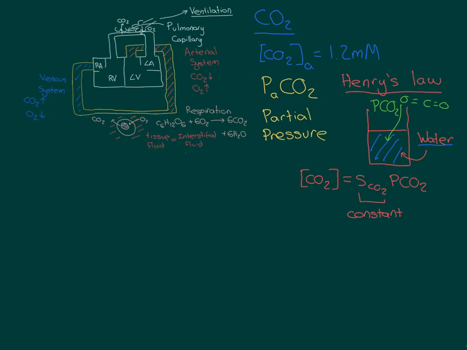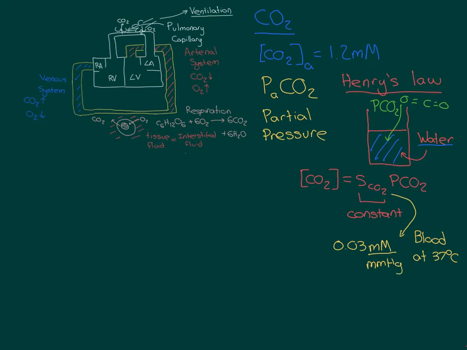Okay, now let me give you the actual solubility of carbon dioxide in the blood. So this constant has a value if we're specifically talking about blood. If we're talking about blood and we're talking about body temperature, so at 37 degrees Celsius, then the value of this solubility constant is 0.03 millimolar per millimeter of mercury.